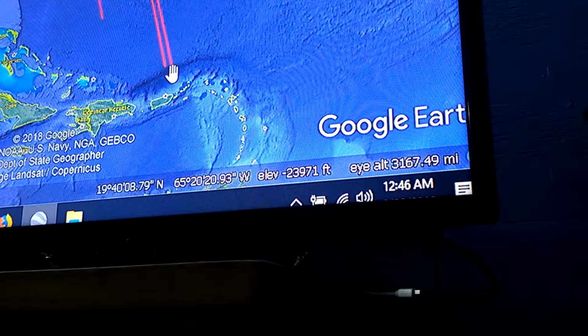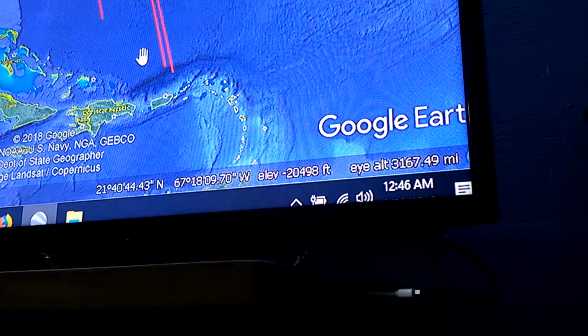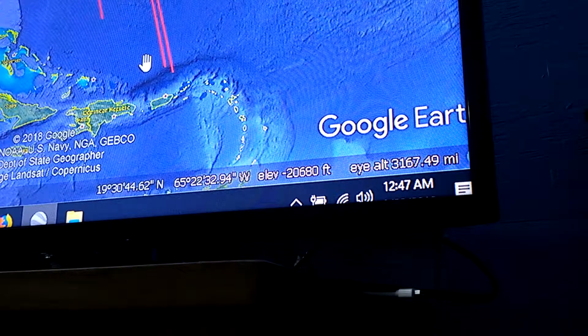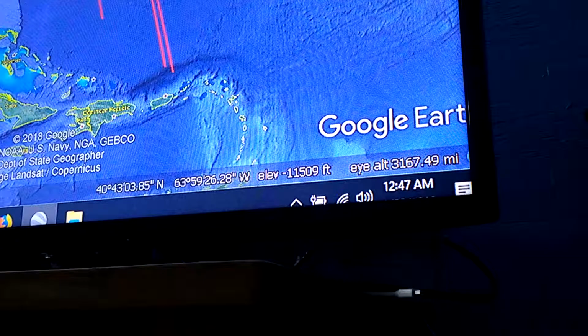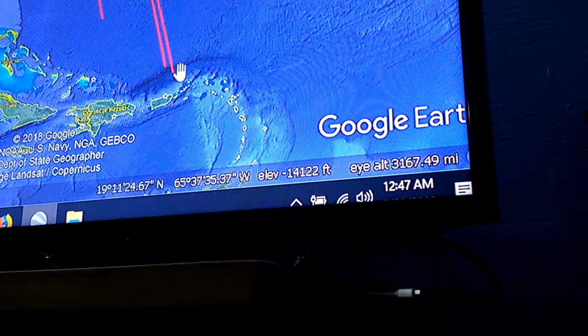We're going to say 24,000 feet. So 24 minus 16, I did the math, it's about a mile and a half of difference over 1,200 miles. So again, where is the curve between here and here?